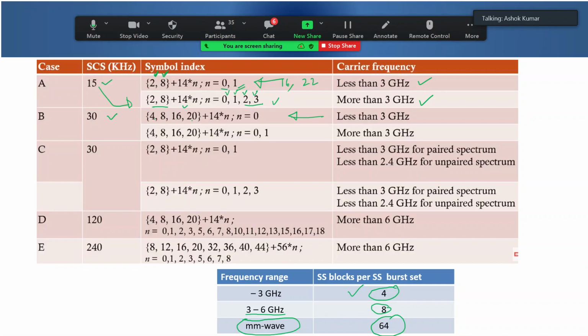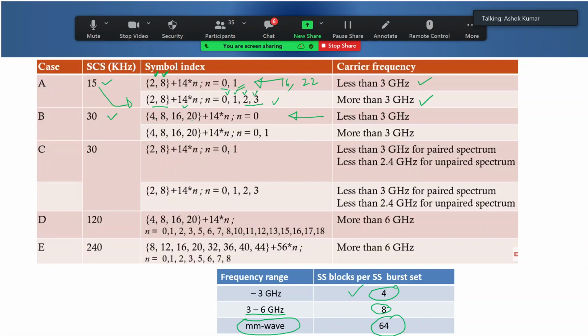So if you recall, you may be aware about beam forming concept, which we also discussed earlier. There'll be a beam being formed in different directions, and normally beam forming concept will be used in higher frequencies. Millimeter, definitely it will be used. So there'll be a beam in multiple directions, and in every direction you will be transmitting a SS block, right?